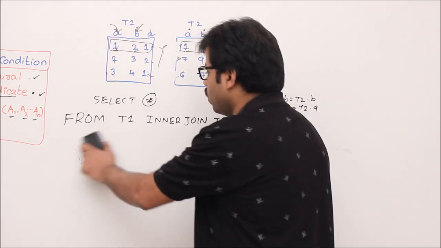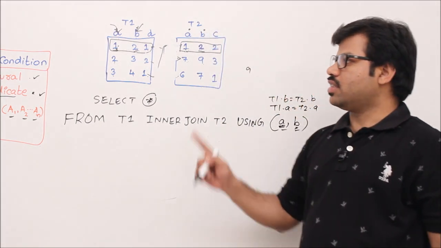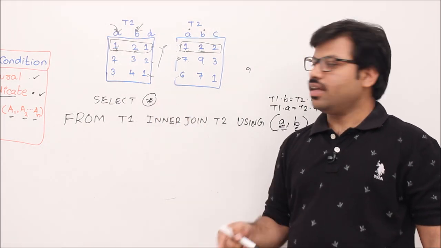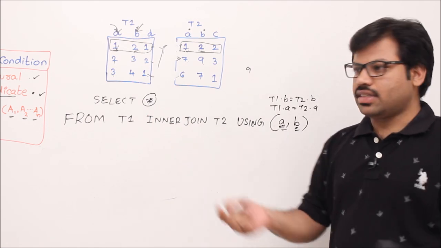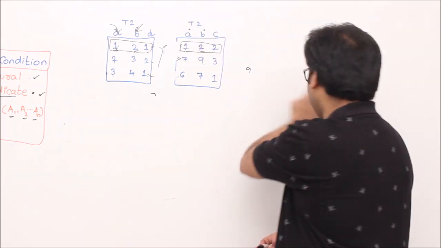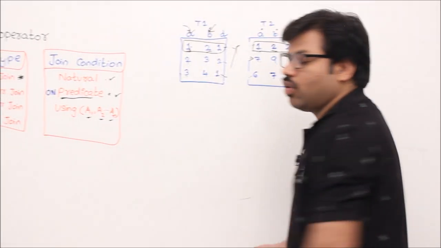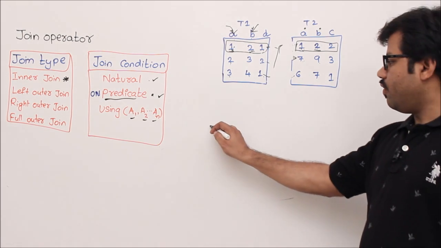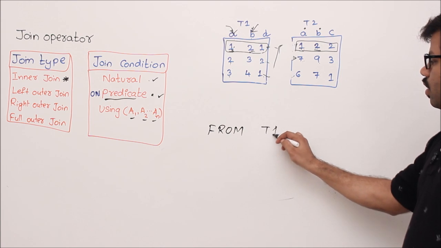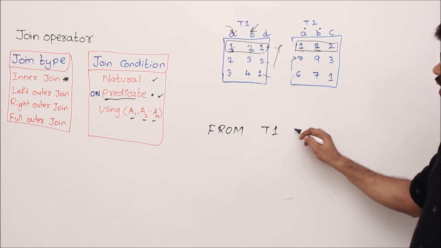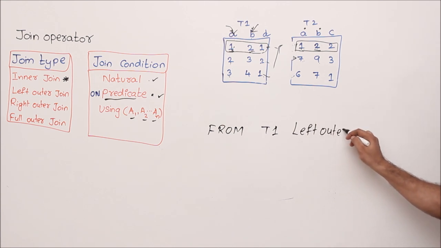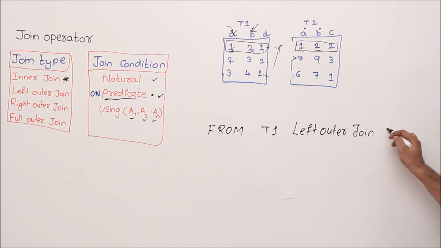Right? So far we learned all the combinations with inner join: natural inner join, inner join with predicate, inner join with using. Understand? Now let's see outer join, and how to specify that condition. Generally we specify outer join like this: from T1 outer join T2. Let's take left outer join first: T1 left outer join T2.